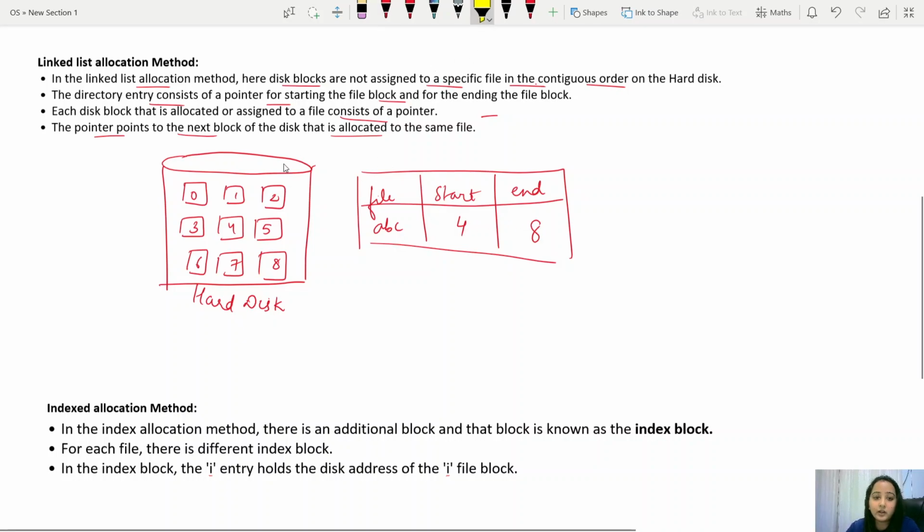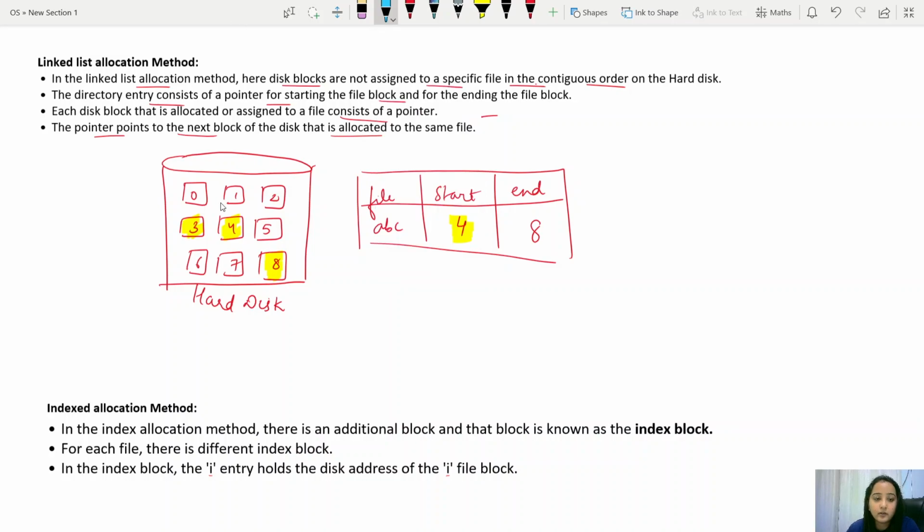Sorry, I have to start from 4 here because the starting point is 4. So let me direct.